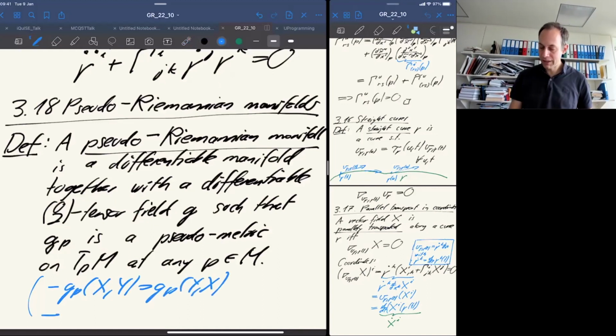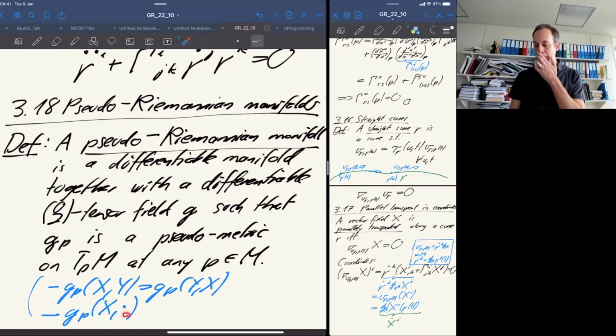And maybe a very abbreviated way to write this, we did it much more in detail last time, is to say that if I look at the tensor generated by putting in only the first argument and leaving the second open, then the remaining object still eats one vector and spits out a number. So this thing is a covector.